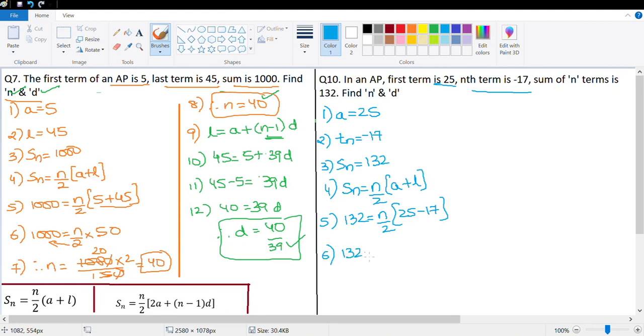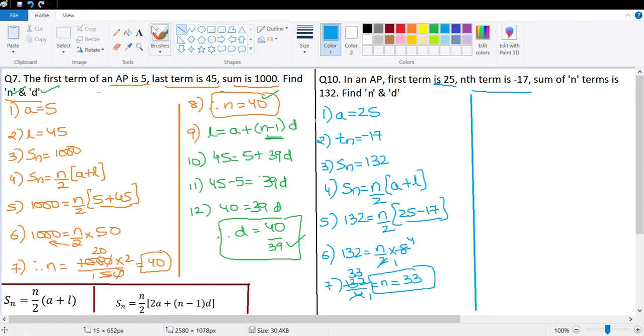This gives us 132 is equal to n by 2 times 25 minus 17, that's 8. That's 4n, which means 132 upon 4 is equal to n, which is 33. So the value of n is equal to 33. So this AP has 33 terms.